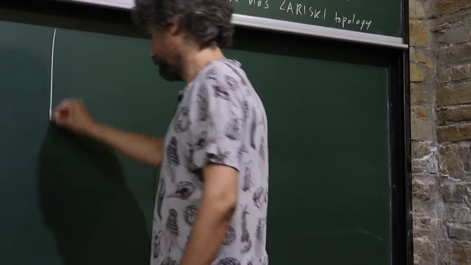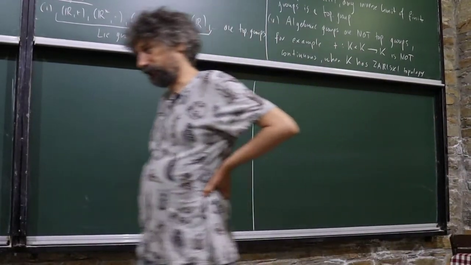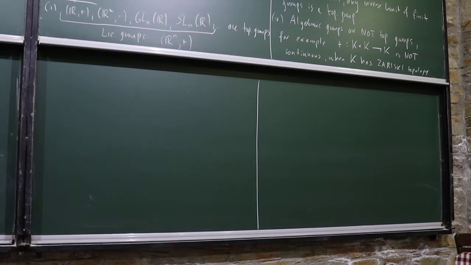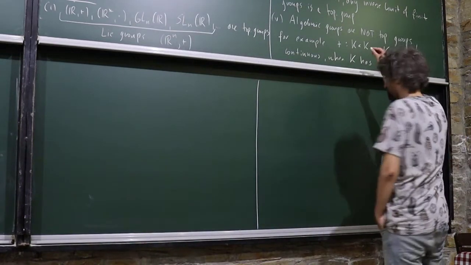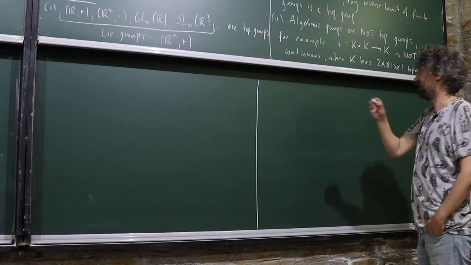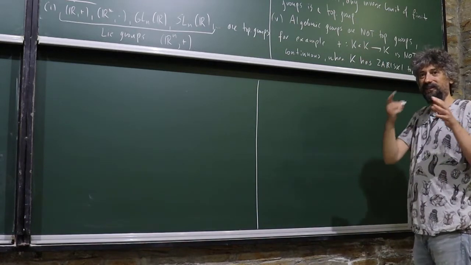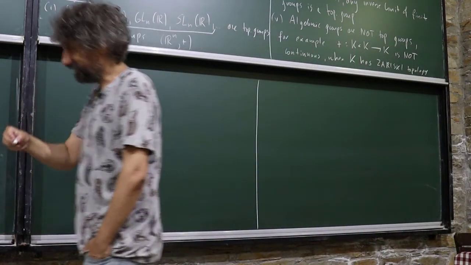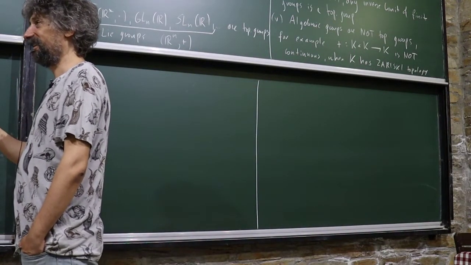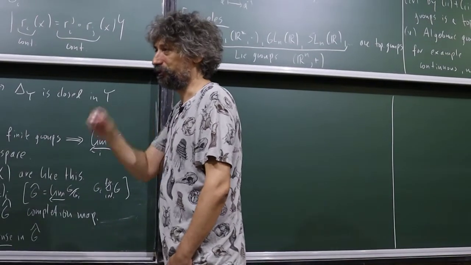It's actually a categorical issue. Algebraic groups are group objects in the category of algebraic varieties, because the product in the category of algebraic varieties has not the product topology but another topology, and then everything is okay. But it's not a group in the category of topological spaces.